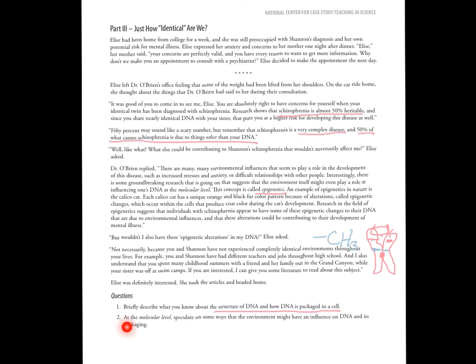Now, the next question is, at the molecular level, speculate some ways the environment might have influence on the DNA and its packaging. I just gave you some examples, and methylation of a histone. Remember, the histones are the proteins that the DNA is wrapped around, and we know that DNA is wrapped around histones when you're doing mitosis.